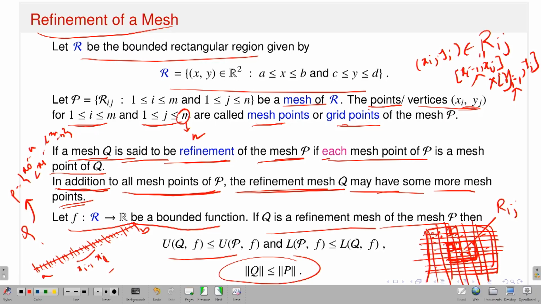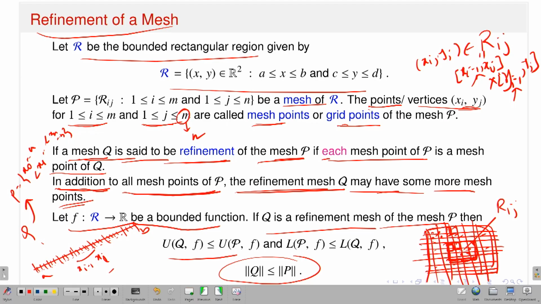So, if I take the supremum and infimum, of course in that case U(Q,f) will decrease, right. And similarly, L(Q,f) will increase. Okay. So that is quite clear, because you are making finer partitions of your subcell Rij. And of course the norm also decreases, because area or diameter will decrease.